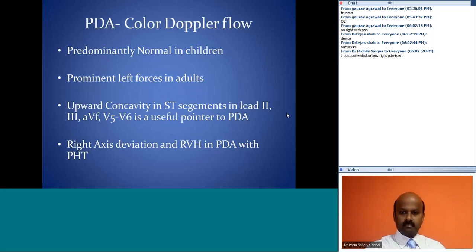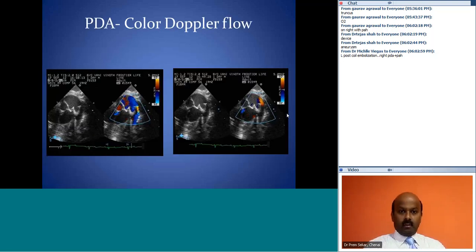Now moving on to echocardiography, which is how we diagnose most of the PDA. This is the typical parasternal short axis view, where you see the aorta in cross section, and you see the right pulmonary artery here, the left pulmonary artery here, and here you have a patent ductus arteriosus from the descending aorta.